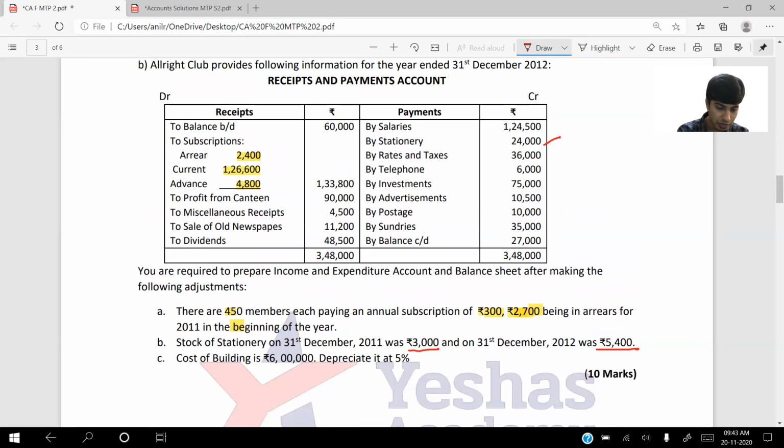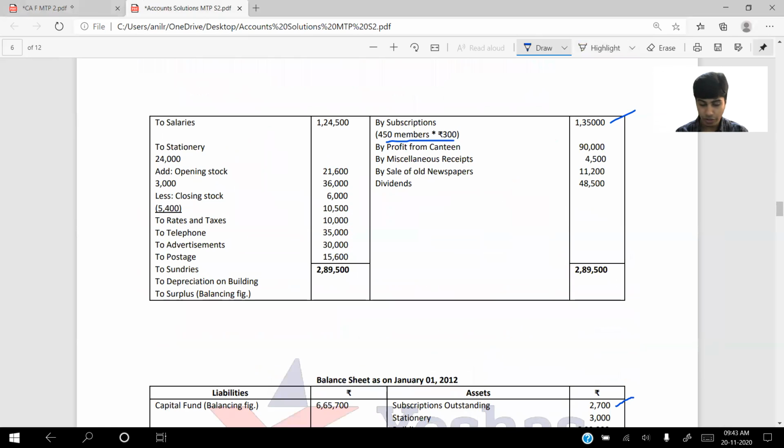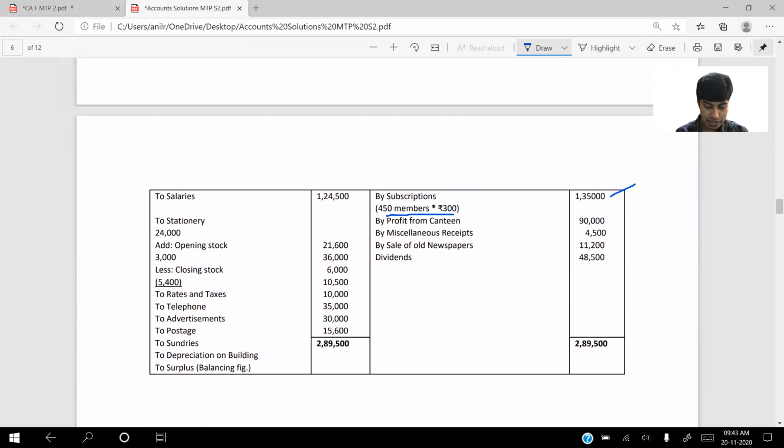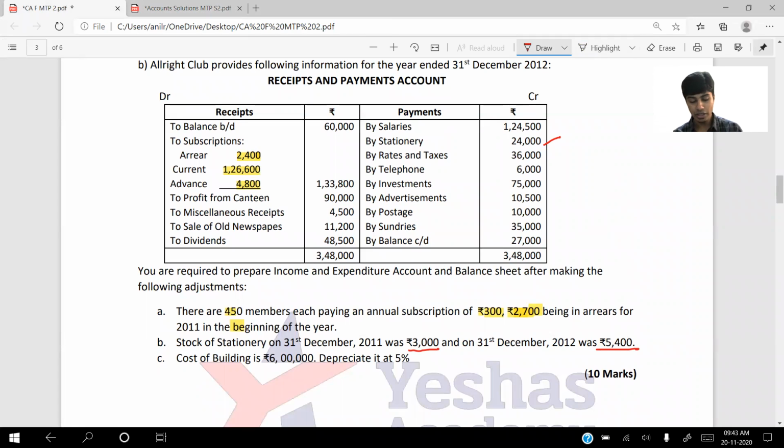Okay, let's have a look. In the income and expenditure, you would have to write expense 21,600. So how did you arrive at it? I'll say it simply again. You had 3,000 at the beginning. Then you made payment of 24,000, that is, purchases of 24,000. So 3,000 plus 24,000 takes me to 27,000. From that, 5,400 is still remaining.